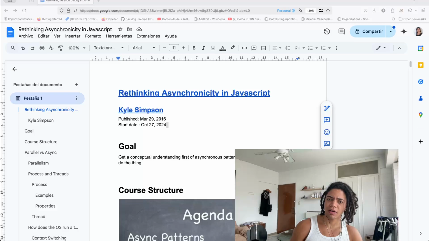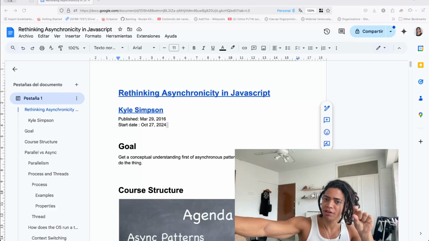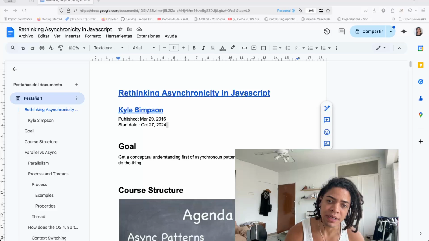RxJS helps us to do that. We briefly look at what this library is and what concepts are involved, such as observables, how you can create an observable, and what an observable represents, which is the series of eventual values that you're going to emit, whether primitives or objects.